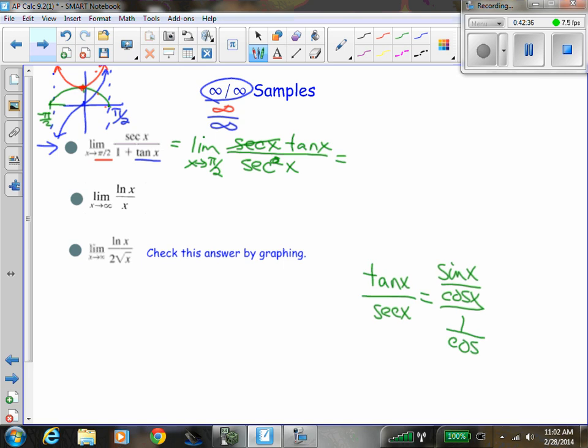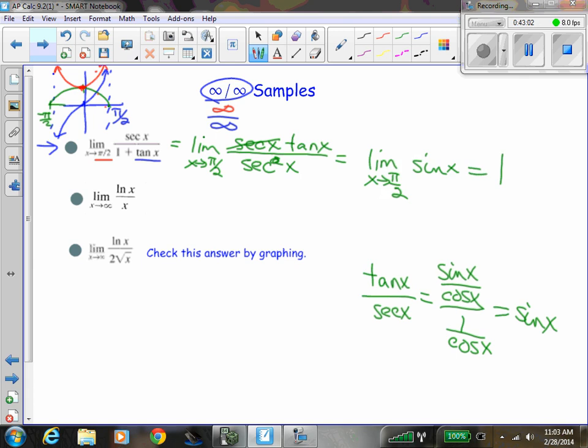So what does that fraction simplify to? All right, that's the sine. So another name for this is it's equal to the limit as x approaches pi over 2 of the sine of x. Now, what's that going to be? All right, that's equal to 1.